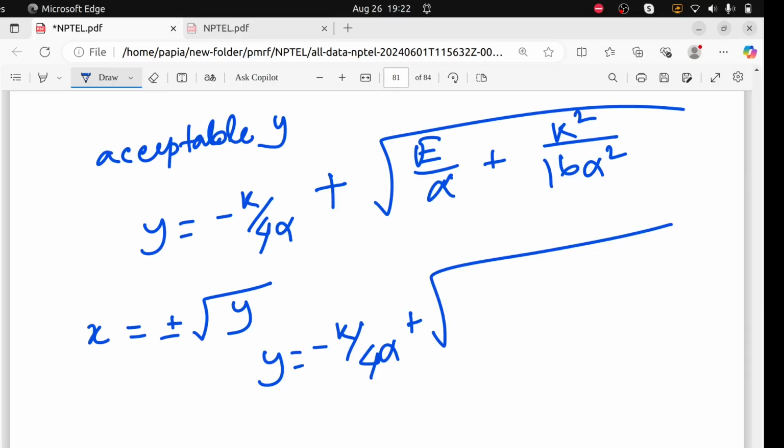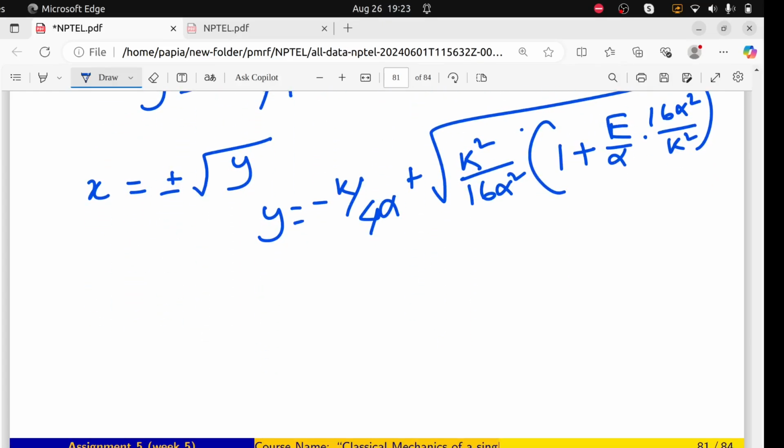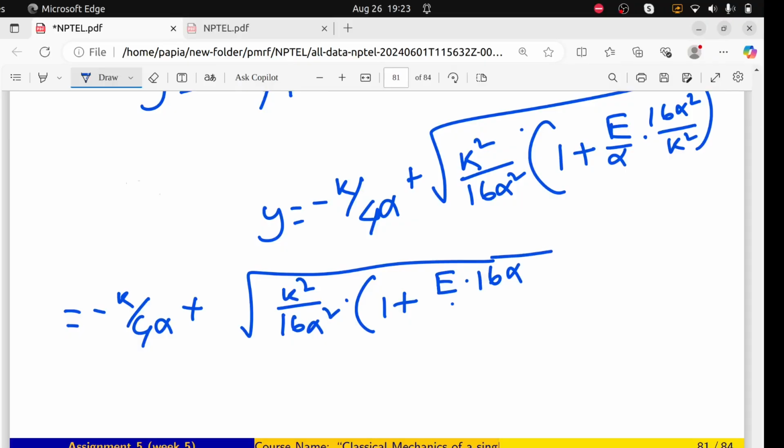Here you can see k square is common, and 16 alpha square is also common, so it will be 1 plus E by alpha into 16 alpha square by k square, then minus k by 4 alpha, plus root over k square by 16 alpha square, 1 plus E into 16 alpha divided by k square.